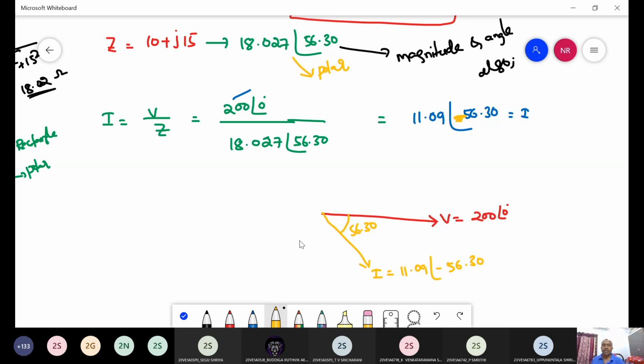Then Z is equal to, we got the Z. Z is equal to how much? 18.027 angle of 56.30. Here it is Z, how much is it? 18.027. What is the angle here? 56.30.